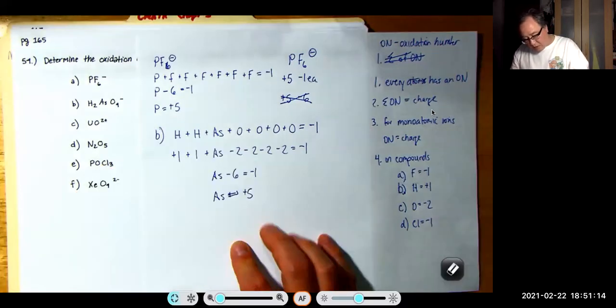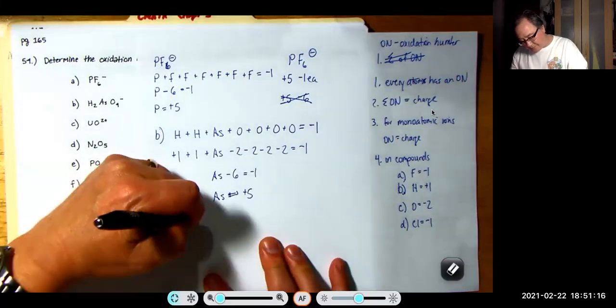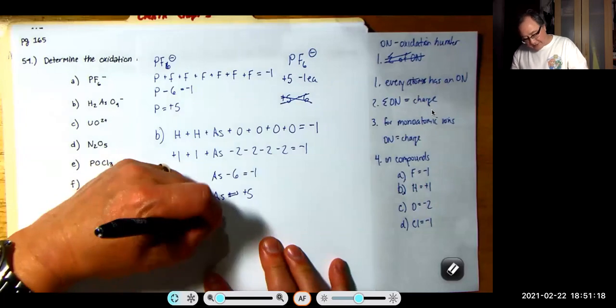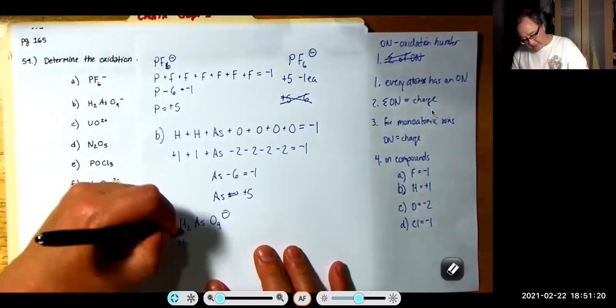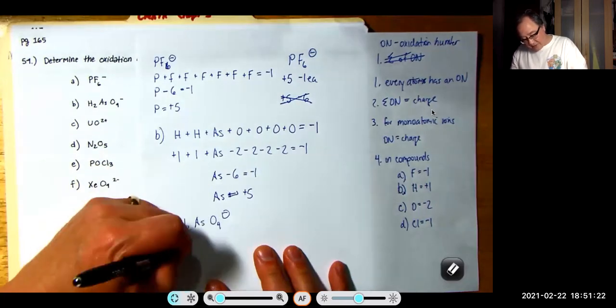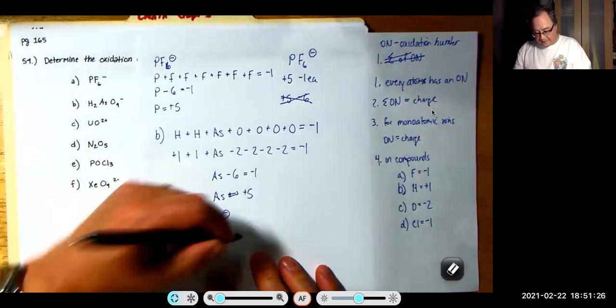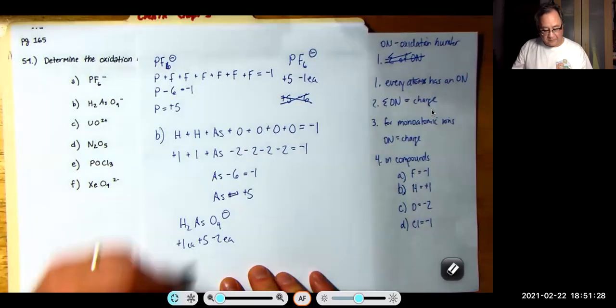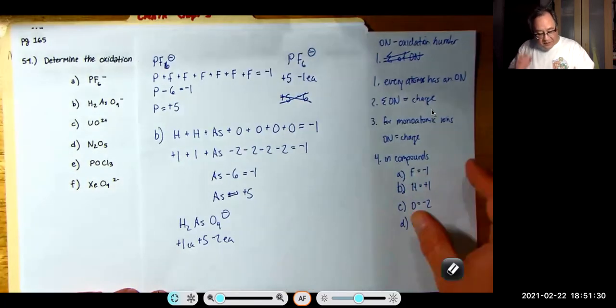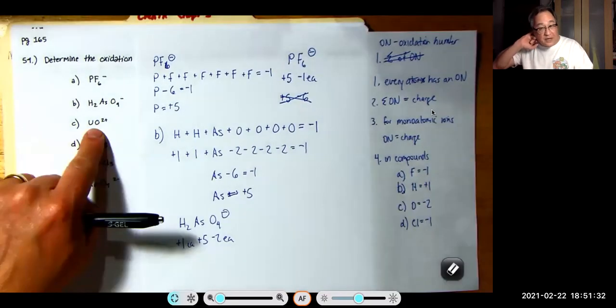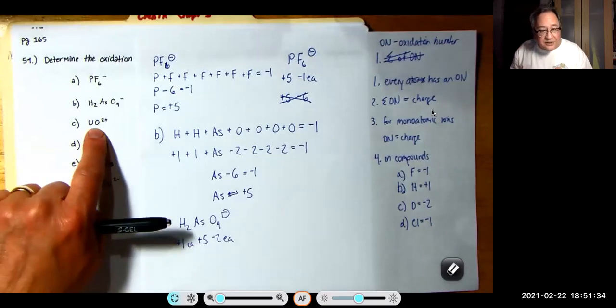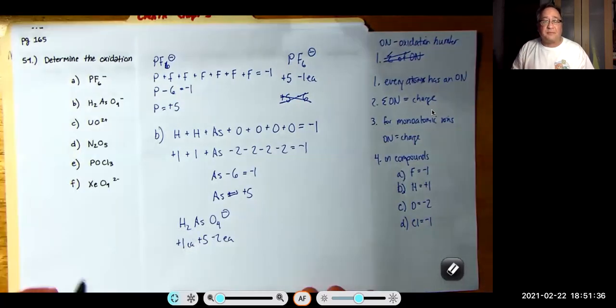So the way we would want to write this out is +1 each, +5, and -2 each. Okay, so I'm going to let you guys do this UO2 2 plus. Once you've assigned oxidation numbers, give me a little thumbs up or something.